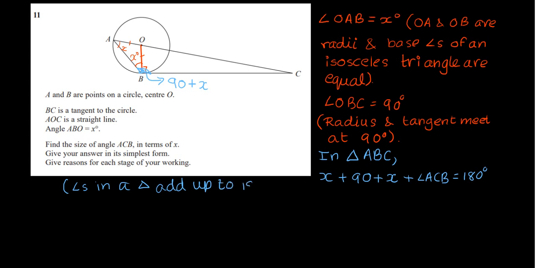Okay, I'll try and speed up this process. So these two are like terms, so that's going to give me 2x plus 90 plus, that's 90 degrees, angle ACB equals 180 degrees. So what I could do is subtract 90 both sides. Minus 90, minus 90.